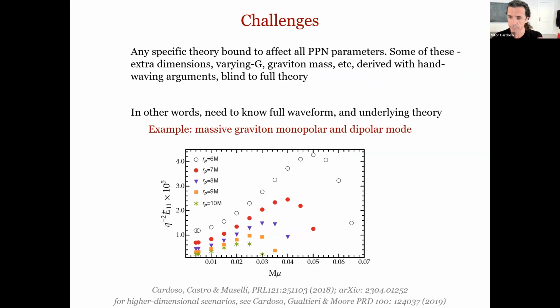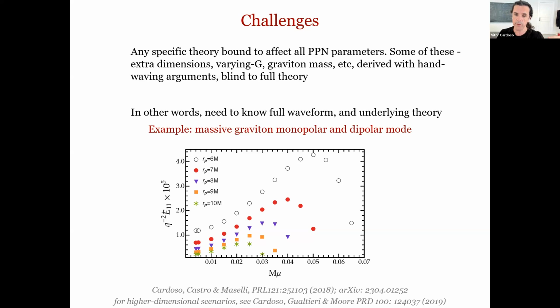If you take massive gravity theories, so a theory where the graviton is a massive guy, then you have extra degrees of freedom, extra polarizations that carry energy. Now, the traditional way of testing if the graviton is massive or not is by looking for dispersion effects as the wave travels. And this is a +1 PN effect, okay?